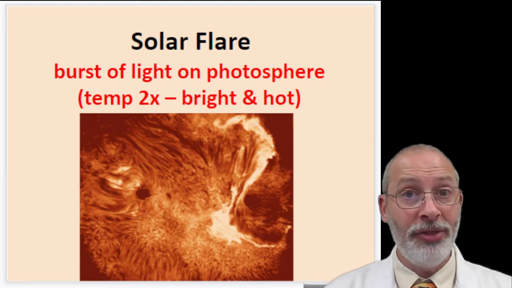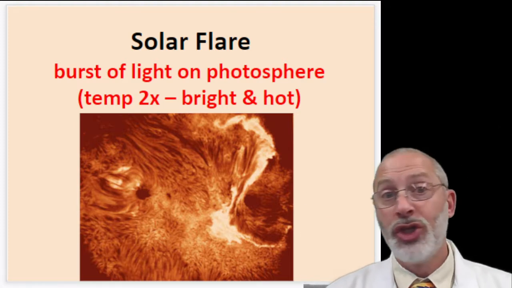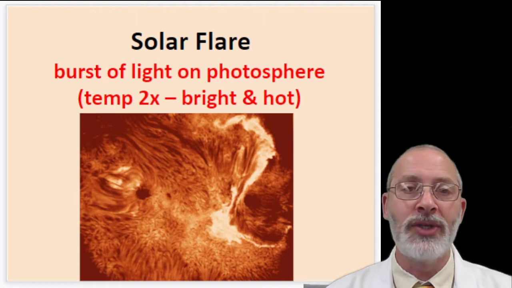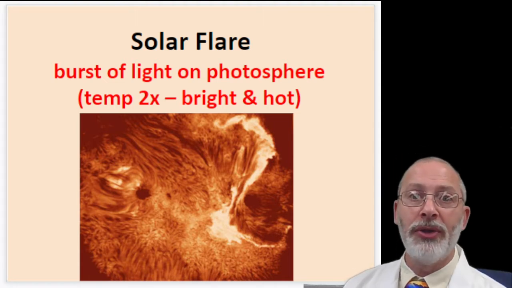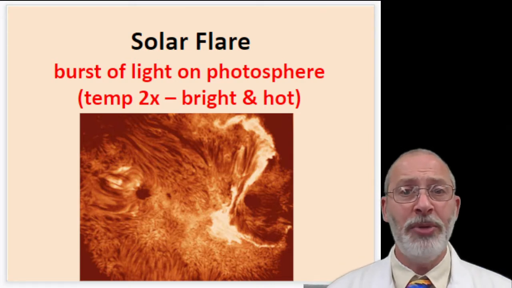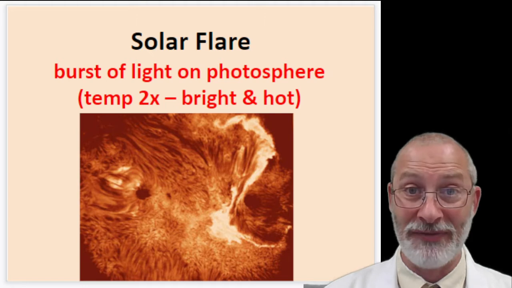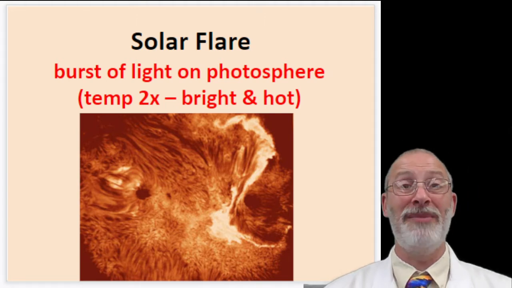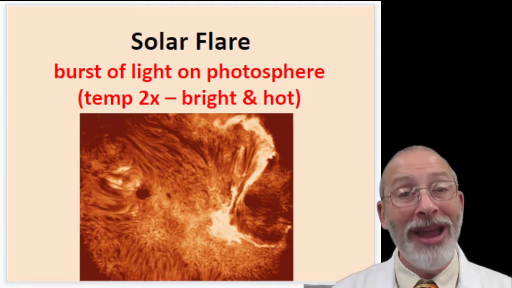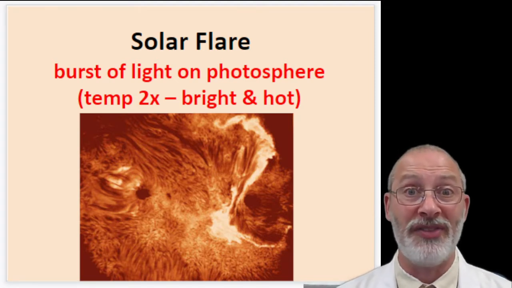Remember, here on Earth, our weather, the winds, air pressure, storms like hurricanes and tornadoes are all a result of just a few degrees difference in temperature. Here on the sun, we've got millions of degrees differences, so you can imagine the strength of the storms that exist on the surface of the sun.